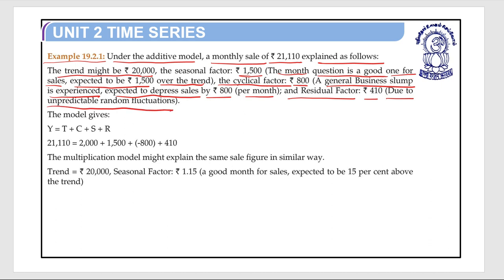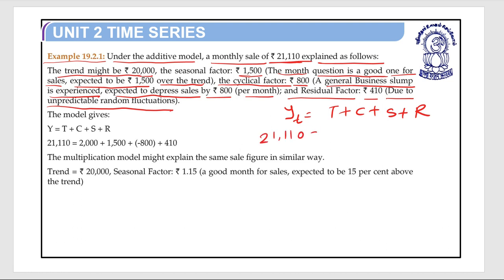Here in the question, the additive model is mentioned. Additive model means T plus C plus S plus R, addition of four components. Total monthly sale of rupees 21,110 is given.